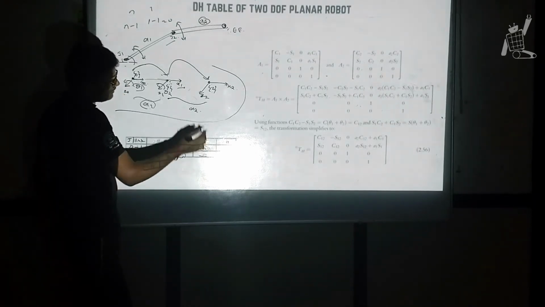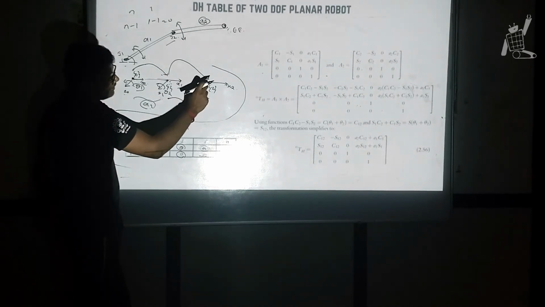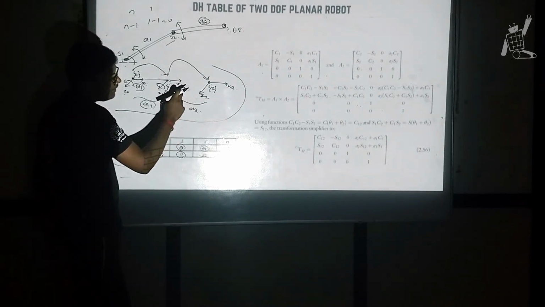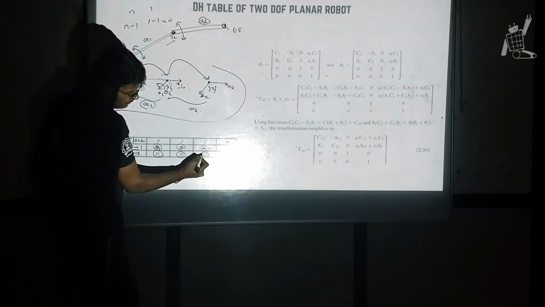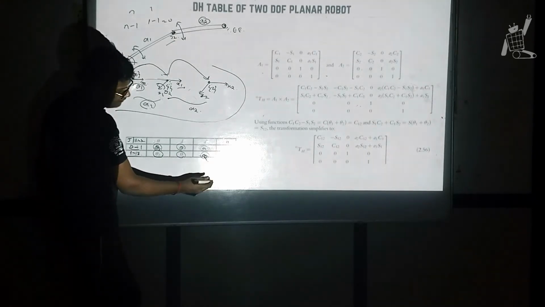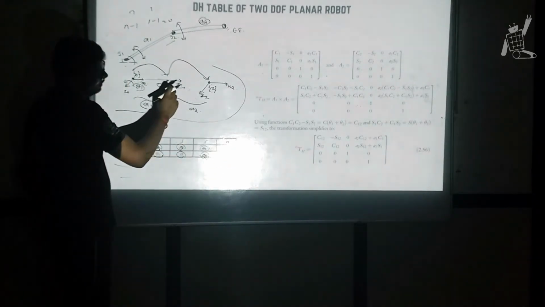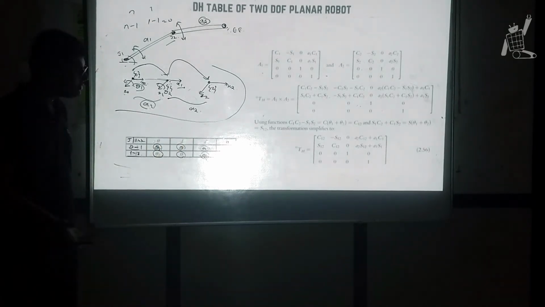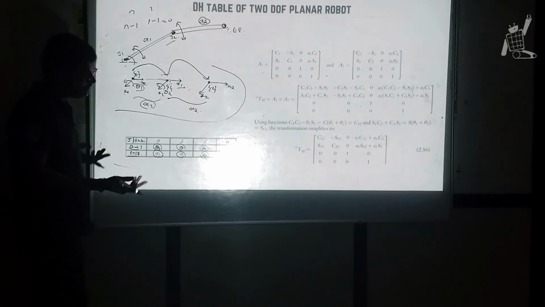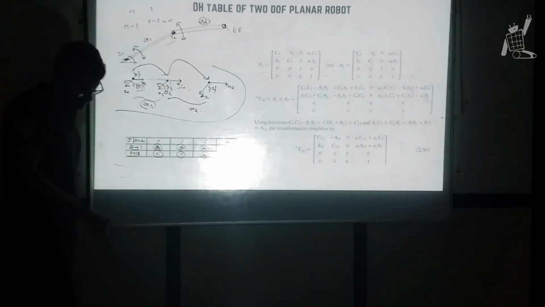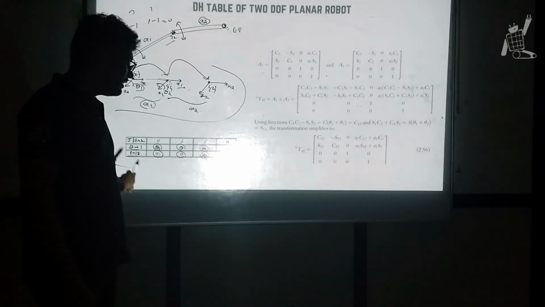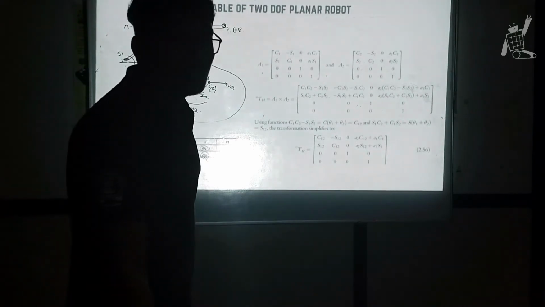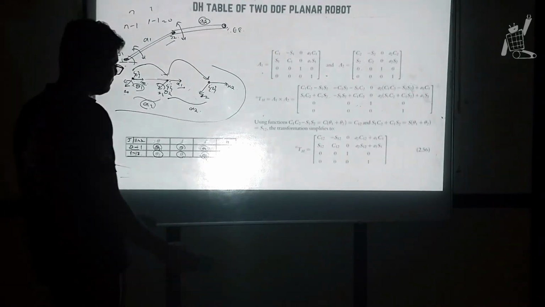Then the motion on the x-axis: in order to move from here to here, it needs to move a distance of a2 along x1, so it will be a2. Then, once it has moved completely here, you have to check whether there is any angle between z1 and z2. Not there, so that is 0. So this is actually the base representation in table format.